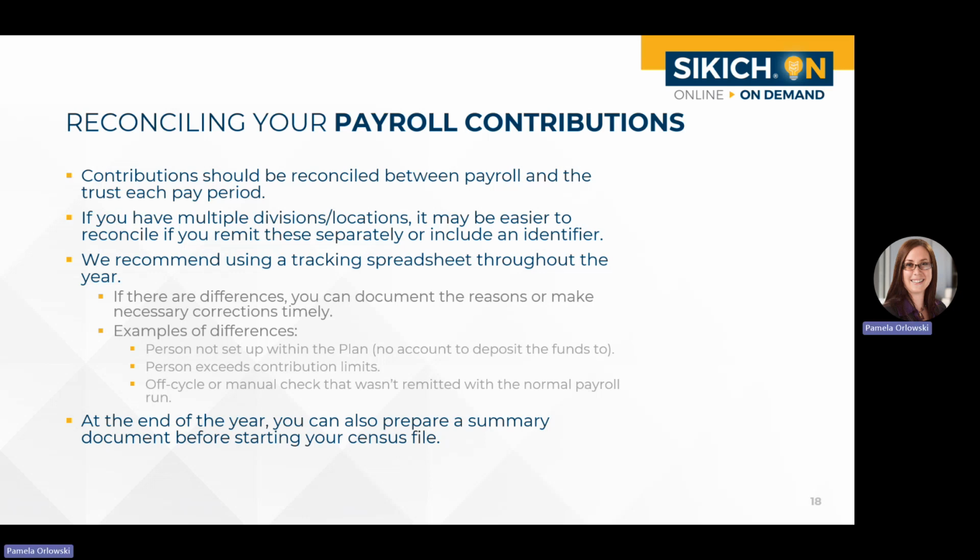And then you can usually obtain a remittance confirmation or some other form of support once those contributions are posted to those participant accounts. So you do want to make sure that they actually posted to the accounts. That's a separate check that you'll want to do, because just because you remitted it, you need to make sure that service provider actually allocated those contributions to the participants.